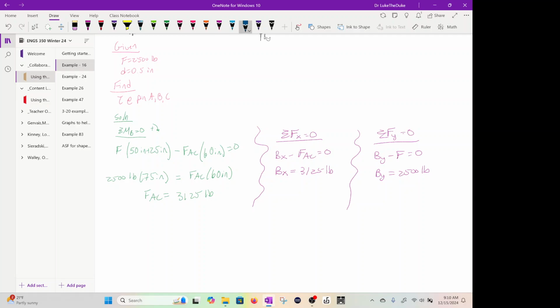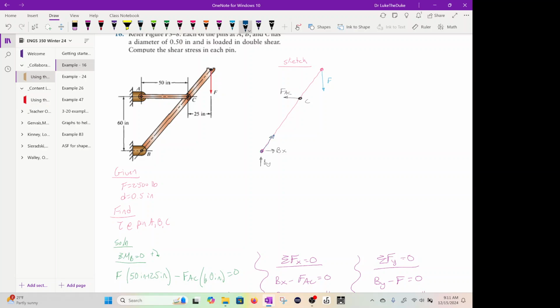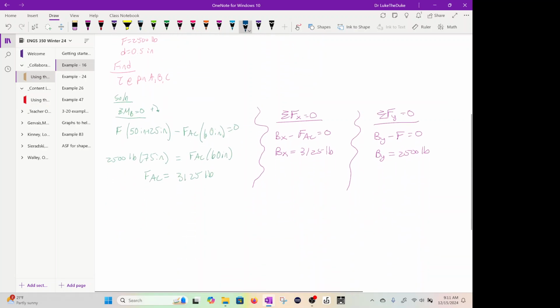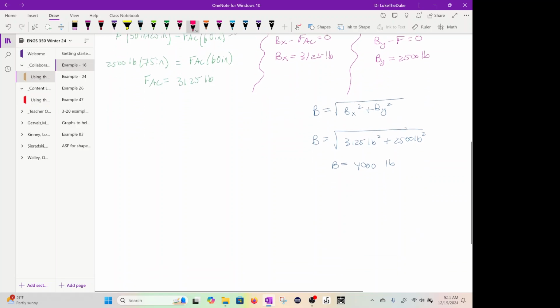Then, because B is at an angle, we have to find B by taking the square root of Bx squared plus By squared, because we're going to use that in the calculation. So 3,125 pounds squared plus 2,500 pounds squared, and we get B to be 4,000 pounds. Okay, now we found the reactions, the forces.